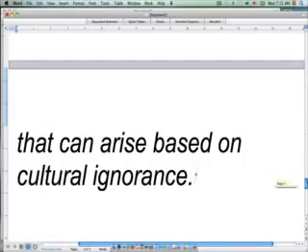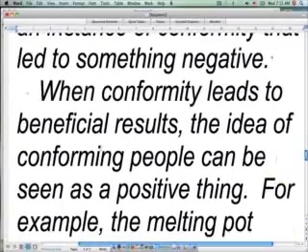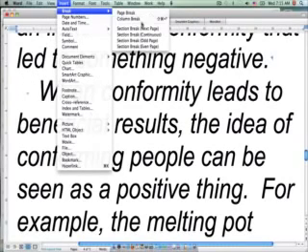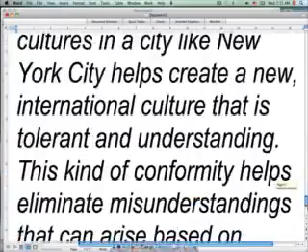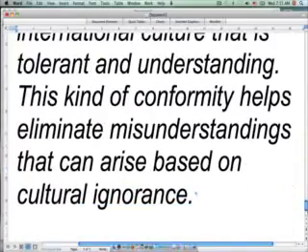Okay, let's get our paragraph onto one page so that it's easier to read.